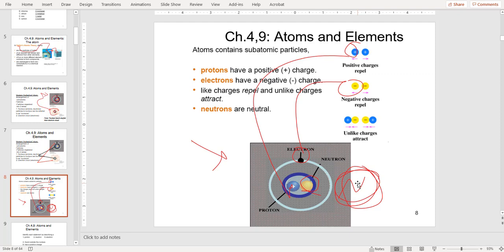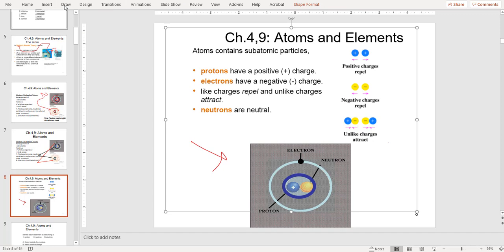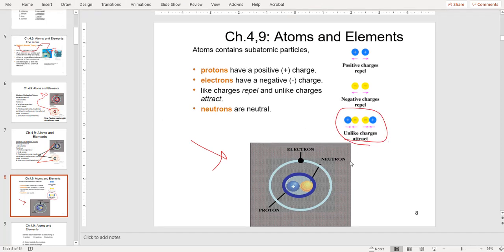Now, one of the key fabrics of the universe is electrostatic cohesion. In other words, opposite charges attract. So opposite charges attract, which is what you see right here.